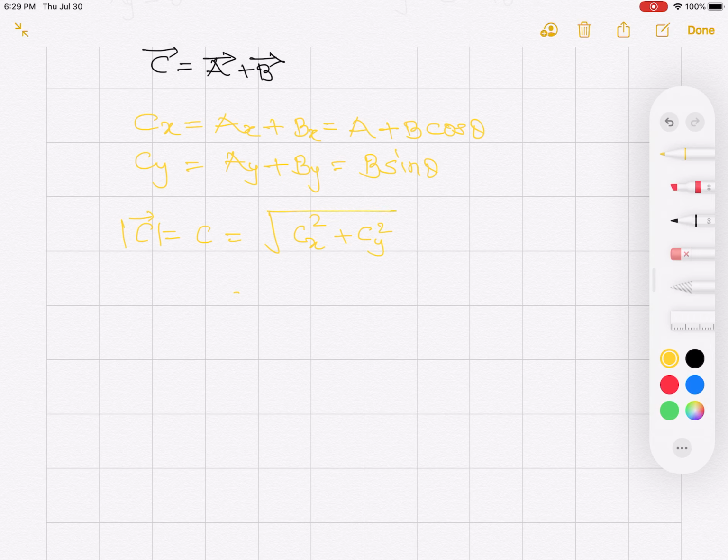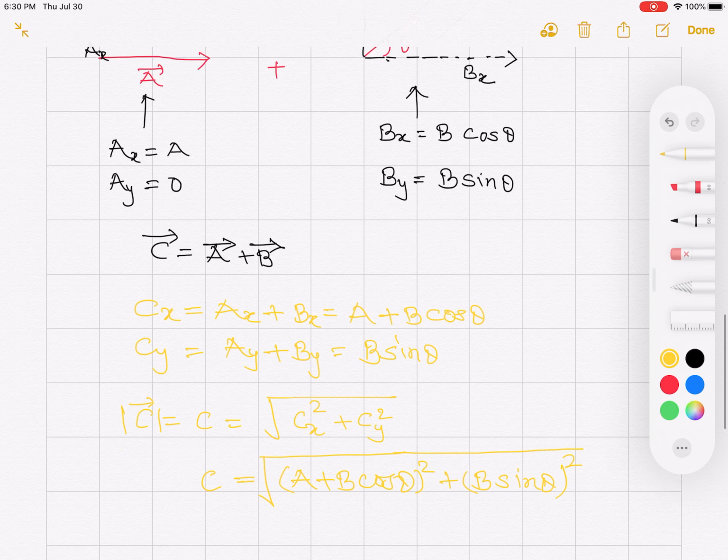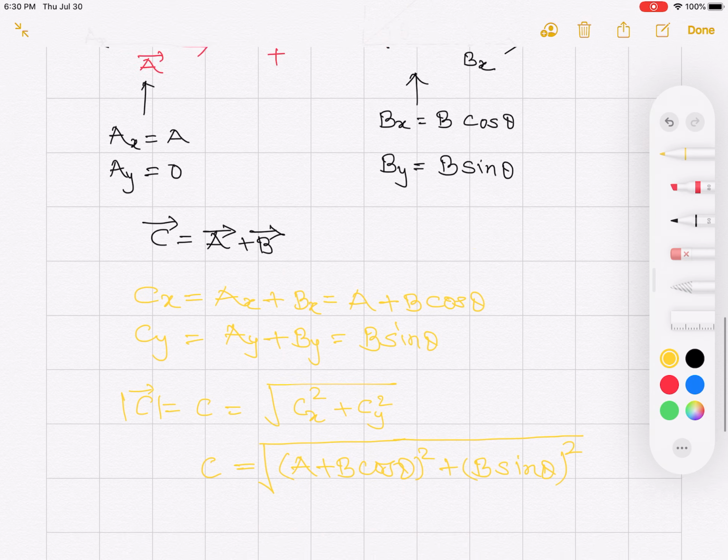Now you can just square this one: a plus b cos theta squared plus b sin theta squared. So this will give you the magnitude of c. Now you need to find out the direction.